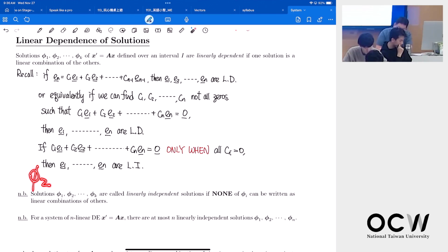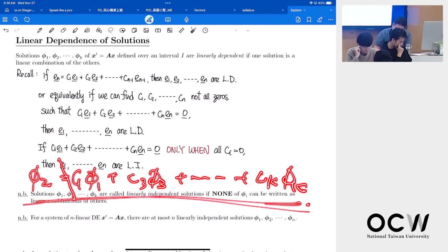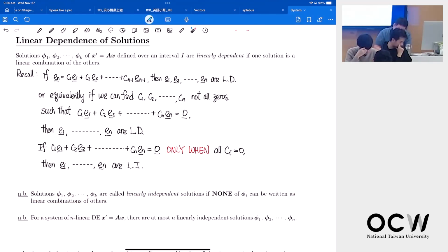For example, phi 2 equals phi 1 plus phi 3 to phi k doesn't work. I cannot find the coefficients to make this equation valid. Then they are linearly independent.